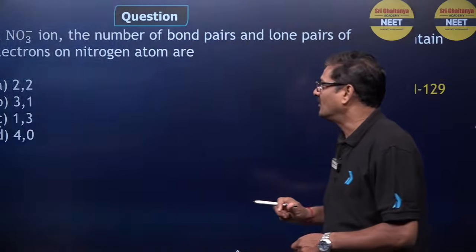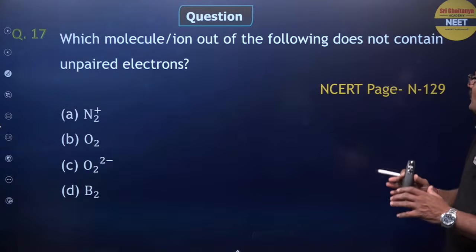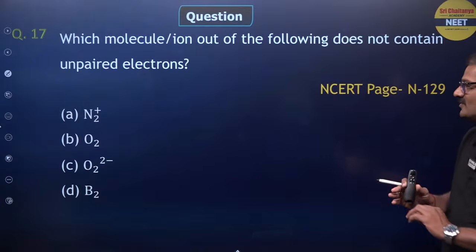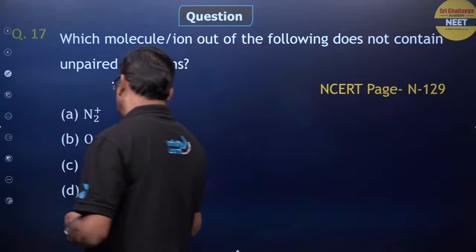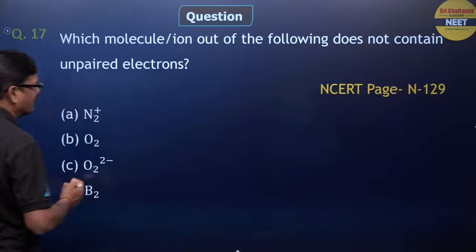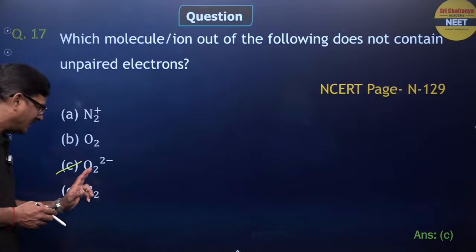Fine. Now one more: which molecule or ion out of the following does not contain unpaired electrons? So you have to see the bonding electronic configuration. In this case, unpaired electrons are not present in the case of O2 2 minus, because it has 18 electrons.